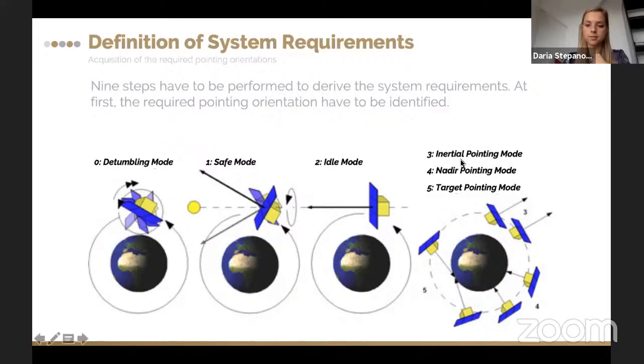Here in the picture, inertial is when the z minus vector is collinear, basically, it doesn't change its orientation. In nadir pointing mode, the z plus of the satellite shall always point to the center of the Earth. And target pointing mode is when the satellite is taking pictures or connecting to the ground station. Basically, the satellite shall be targeting one point on the Earth.